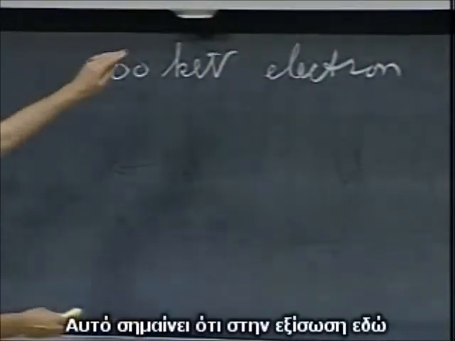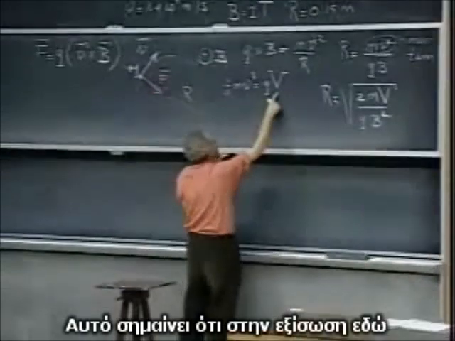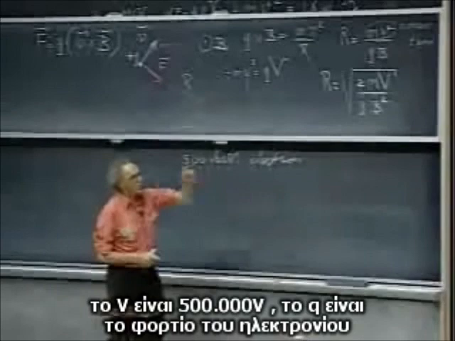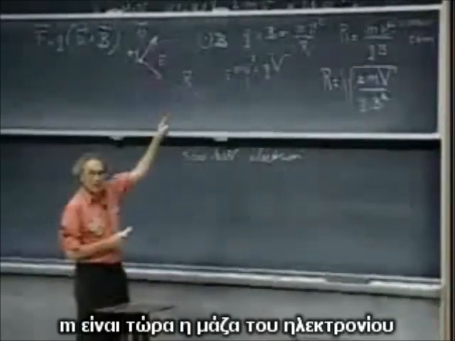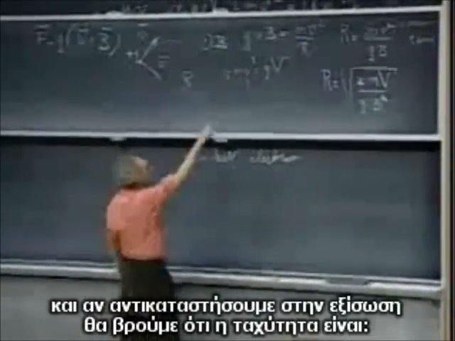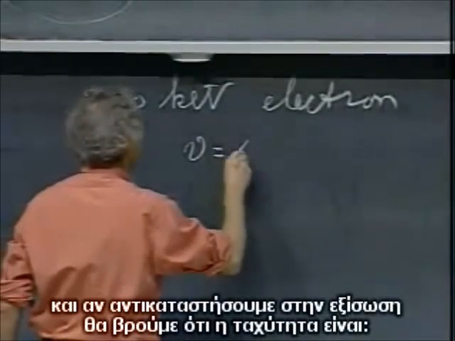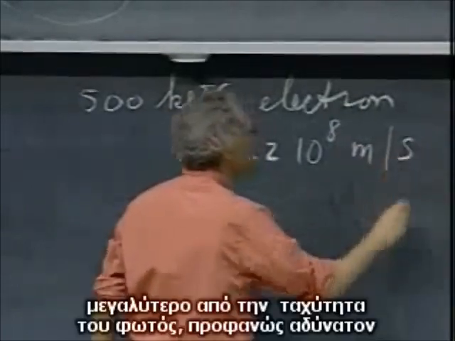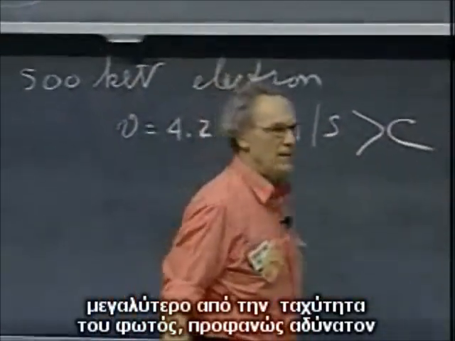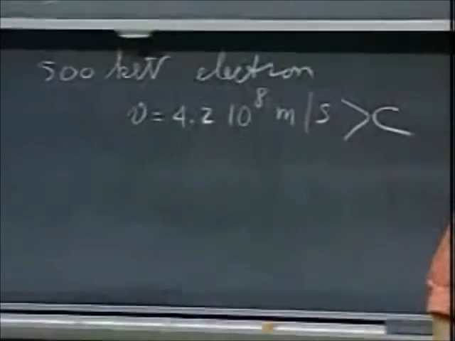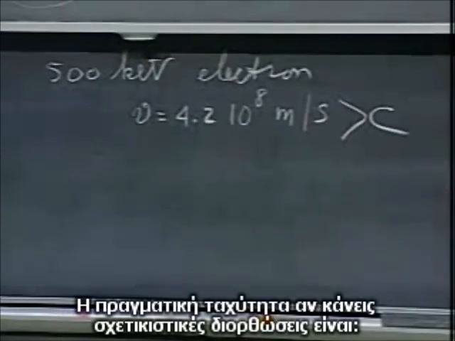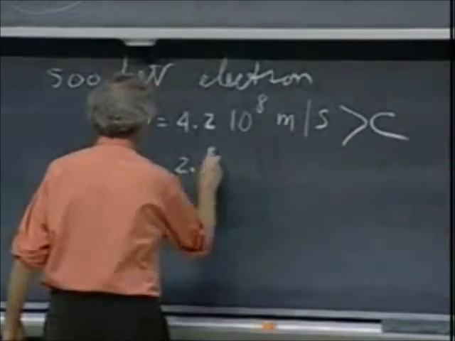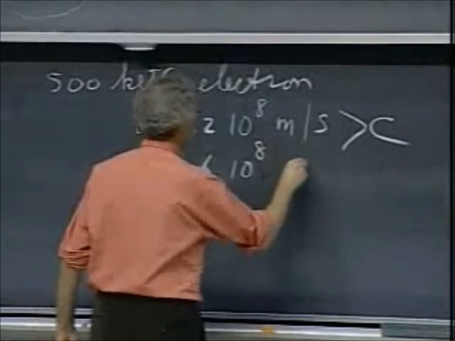So that means that in this equation here, the V is 500,000, the Q is the charge of the electron, M is now the mass of the electron, and if I apply that equation, I find that V is 4.2 times 10 to the 8th meters per second, and that is larger than the speed of light. So that's clearly not possible. The actual speed, if you make relativistic corrections, is 2.6 times 10 to the 8th meters per second.